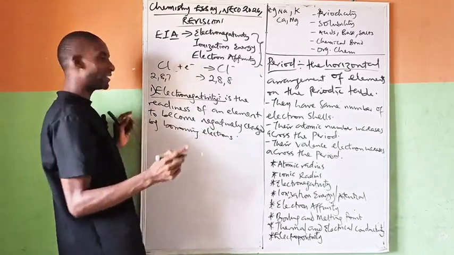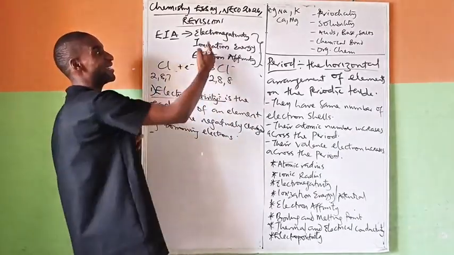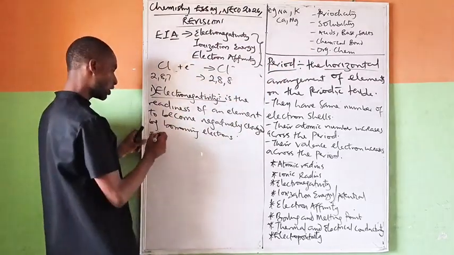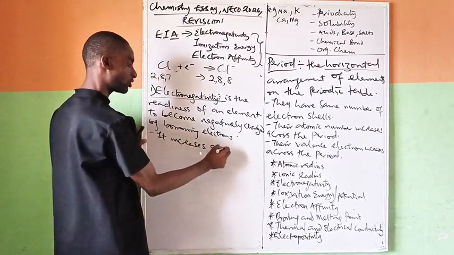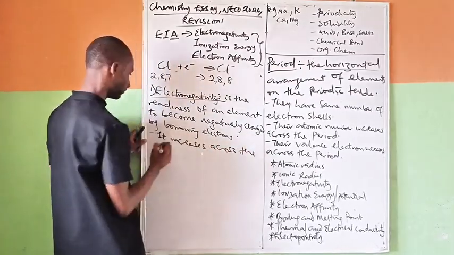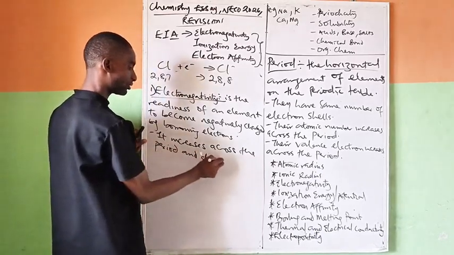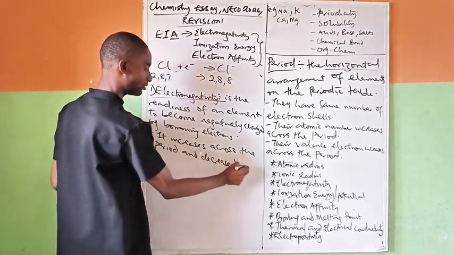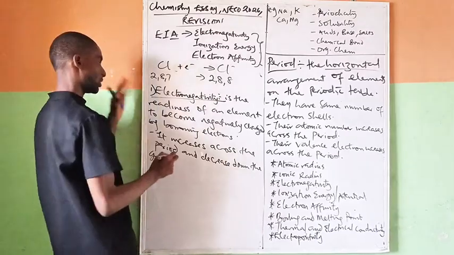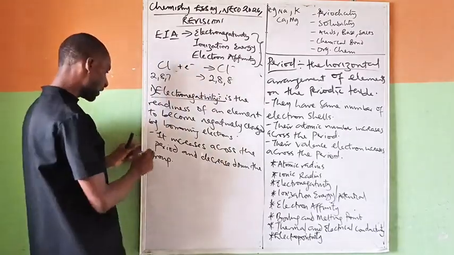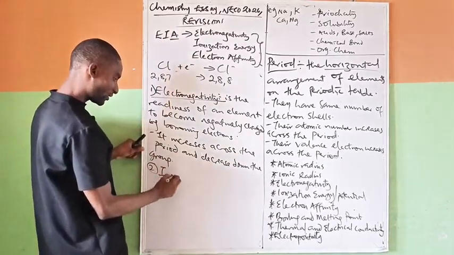Now once you have defined, the next thing you now write is the periodicity. I told you they all increase across the period, so it increases across the period and decreases down the group. That is that, electronegativity. The second one is ionization energy.